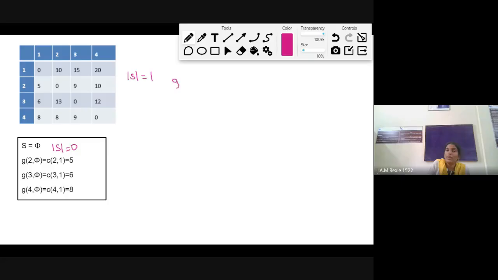Again, the formula we have to use is g of i comma S is equal to min over j taking values from S of the cost c i j plus g of j comma S minus j. So the direct distance of i to j, plus from j through S minus j.